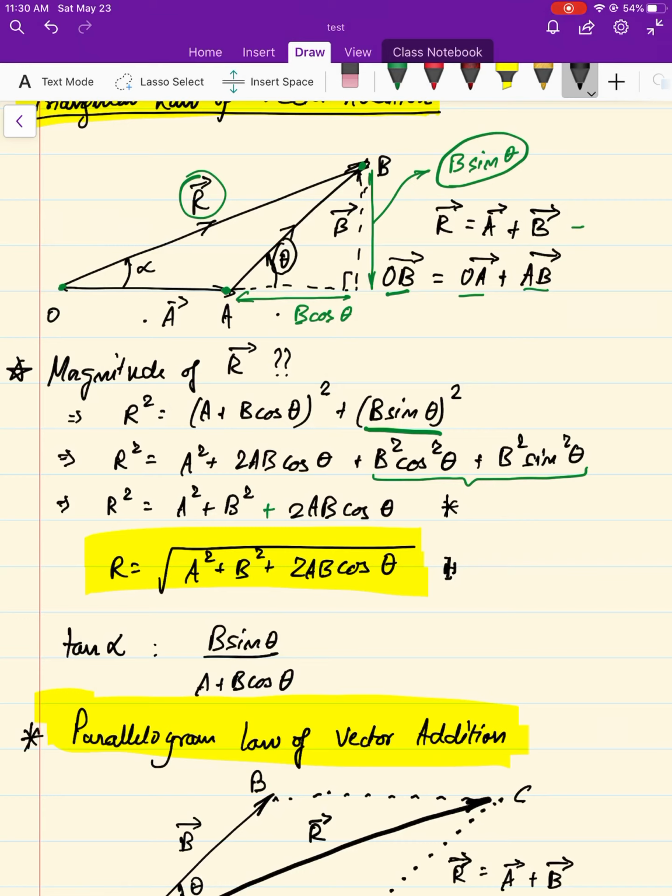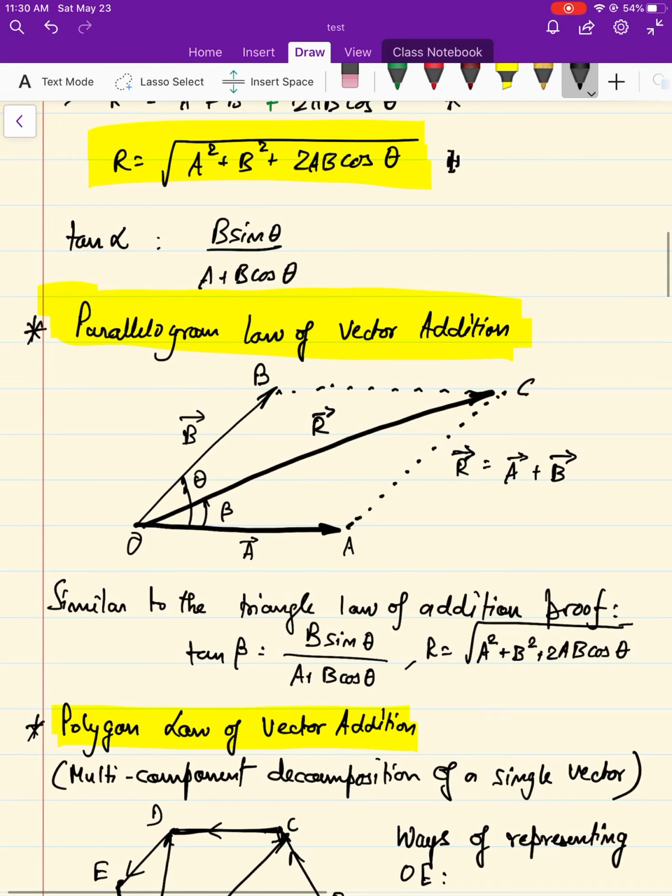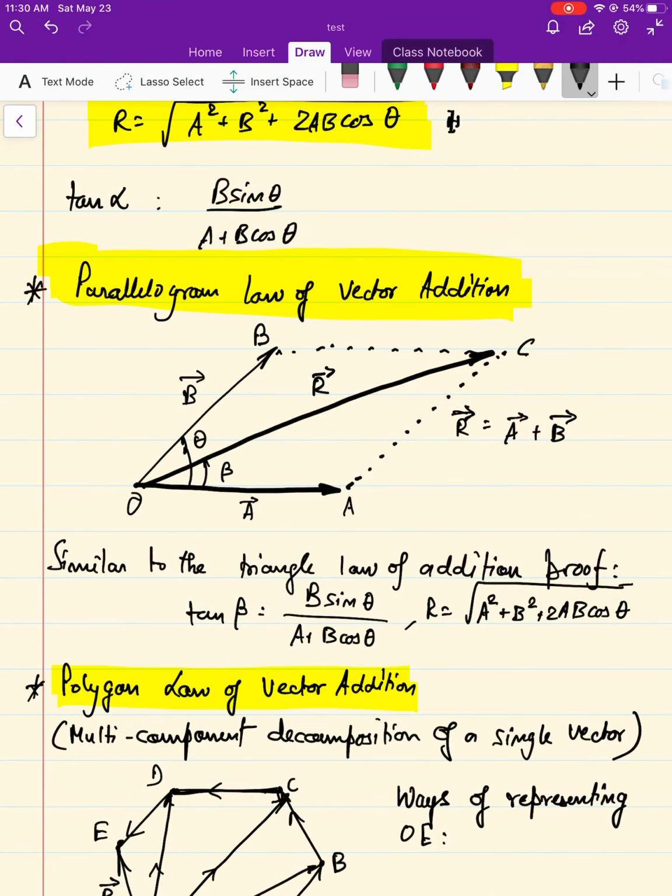For example, you might be provided with the R vector, you might be provided with alpha, and in that way you have to calculate the value of theta. Also, you might be given other parameters and one of them might be asked for. So it's a pretty simple arithmetic operation, and it all depends on how you draw the problem and how you see it from a physics point of view.